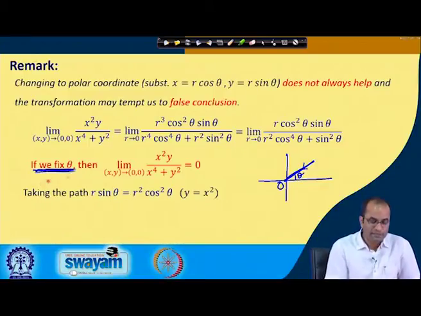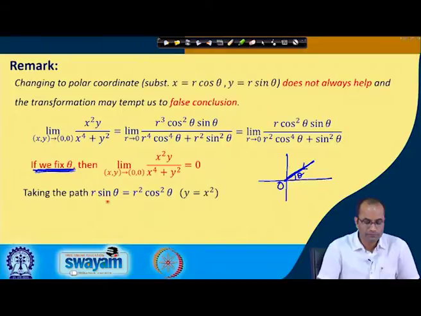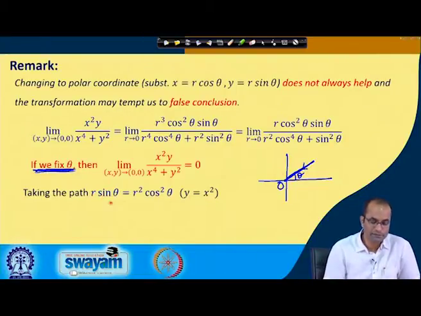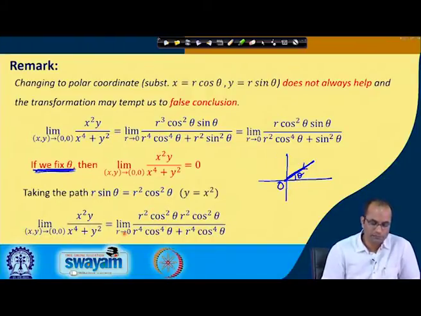So, for example, if we take another path where y is equal to x square, which again goes to the origin, and in this case if we choose this particular path y is equal to x square, or in polar coordinate r sin theta is equal to r square cos square theta, then this limit, as r goes to 0, has x square as r square cos square theta, and then this r sin theta, again we have used r square cos square theta, same thing here r square cos 4 theta, and this r sin theta is replaced with r 4 cos 4 theta.